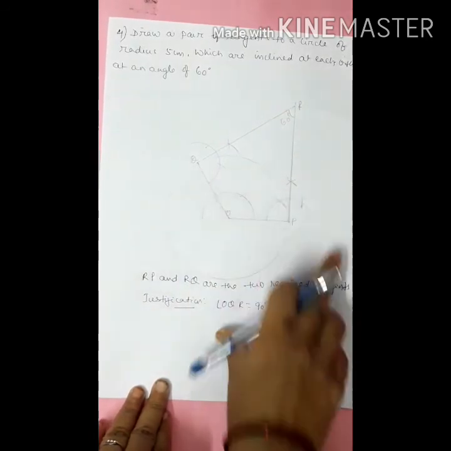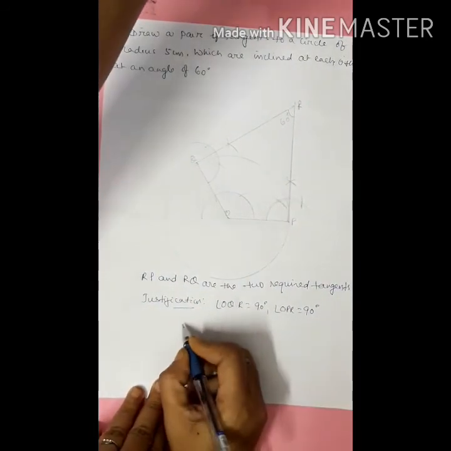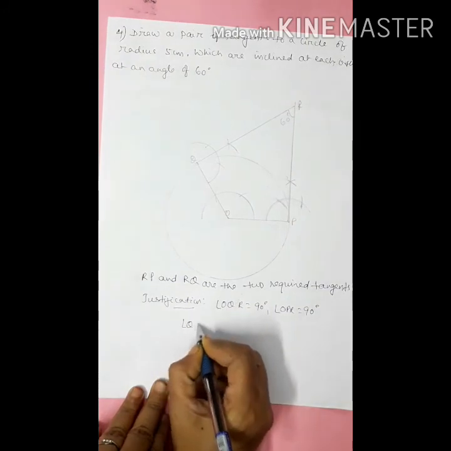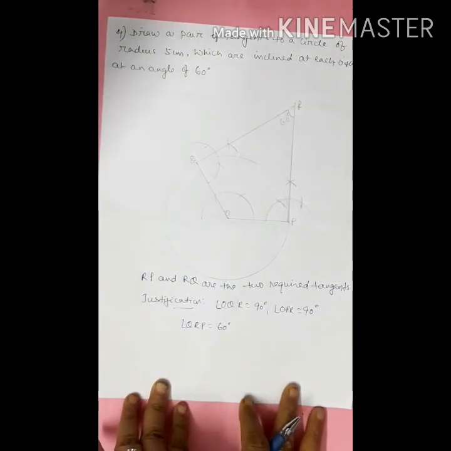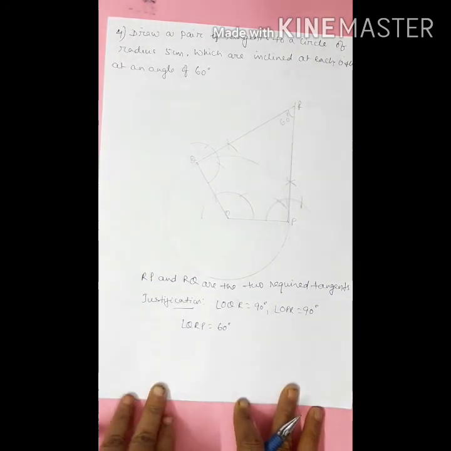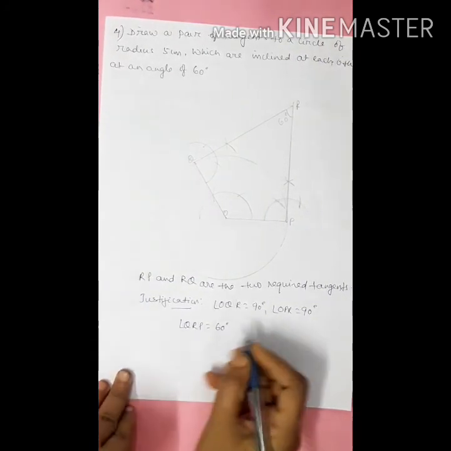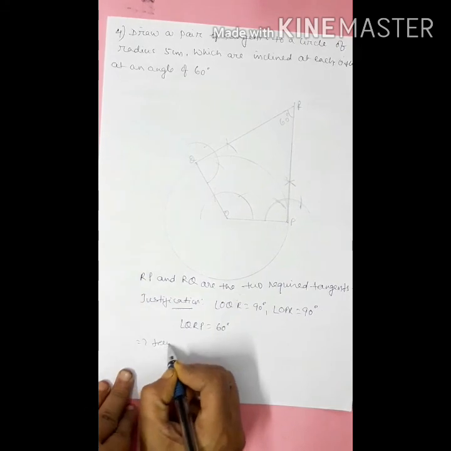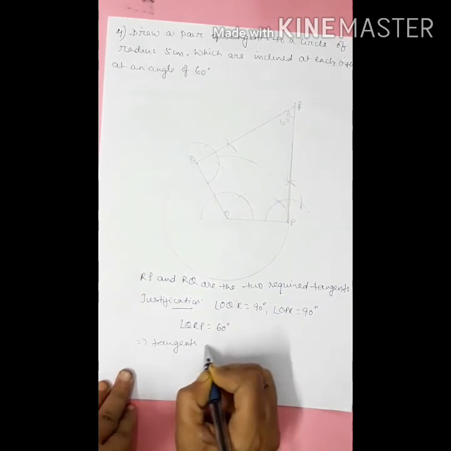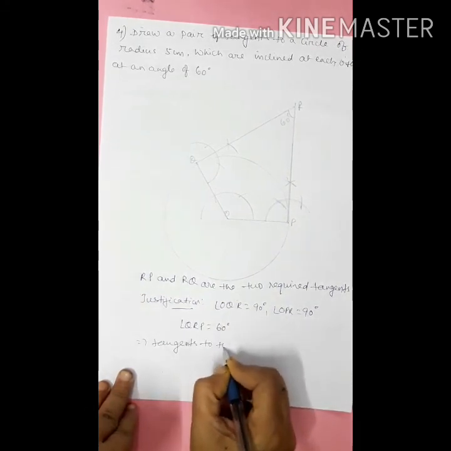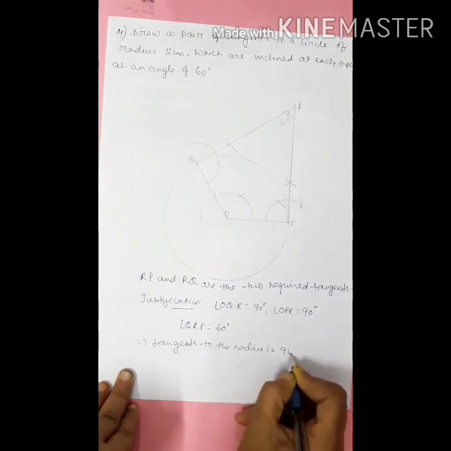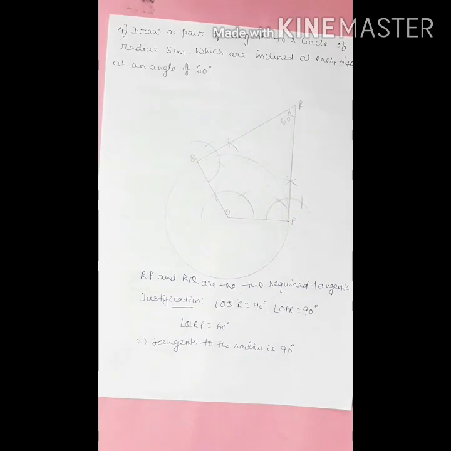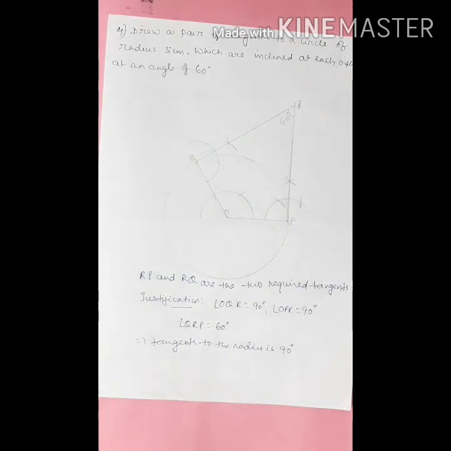Kite has opposite angles of 180 degree. So this implies angle QRP is equal to 60 degree. Tangent to the radius is perpendicular, 90 degree. So it is proved.